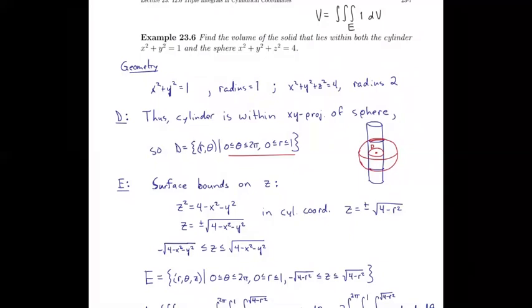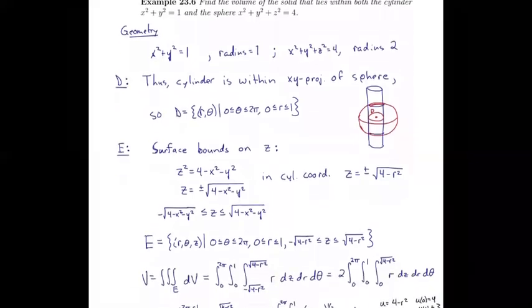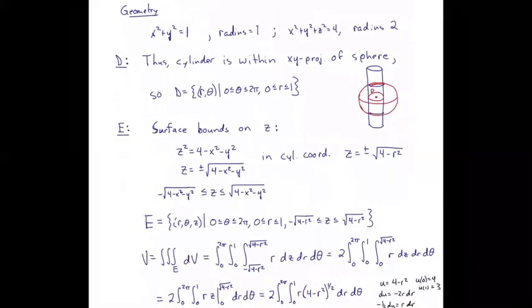Now we know that z is bounded above by a spherical cap and below by a spherical cap, made up by the upper and lower portions of this sphere. So we'll solve for z to get some idea of how it's capped. These are the surface bounds on z.